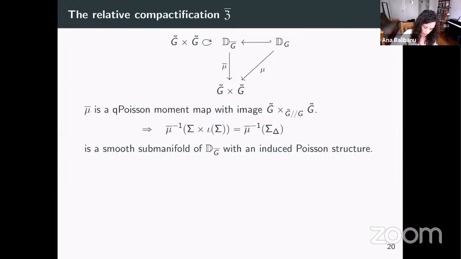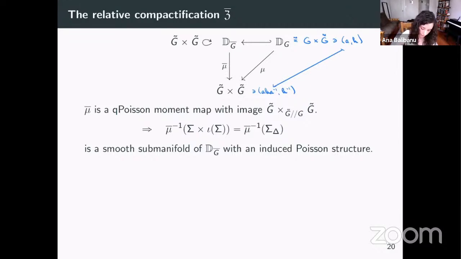I'll remind you that our double DG, which is just G cross G tilde, has a moment map, which takes a pair (A, H) to conjugation by A in the first component and just inversion in the second. And this moment map is compactified by the picture on the previous slide to a moment map for the quasi-Poisson manifold DG bar.